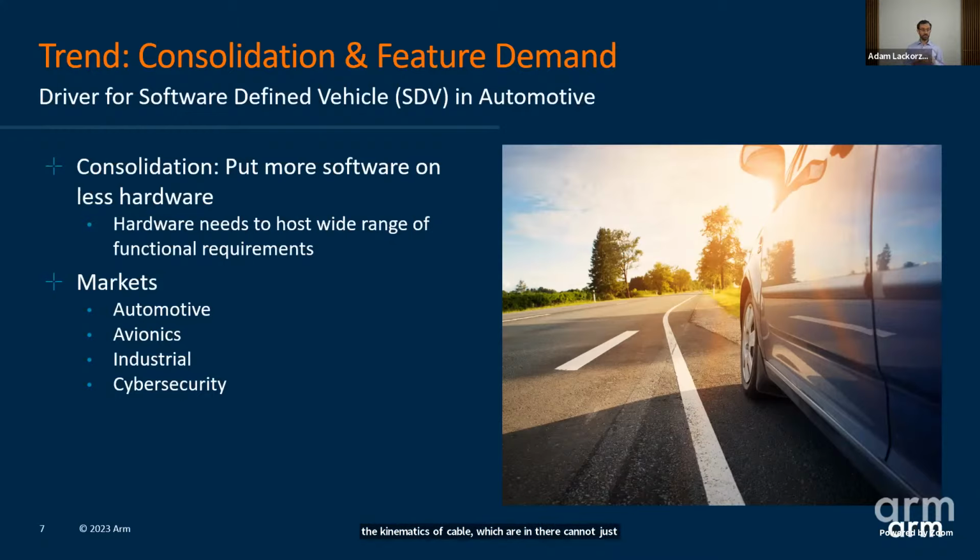Additionally, the hardware is also getting more powerful, which also calls for the consolidation case, so that we can bring more software onto less hardware, basically. And that actually requires the hardware to cover a wide range of different kinds of functionality, which we'll be looking into shortly.